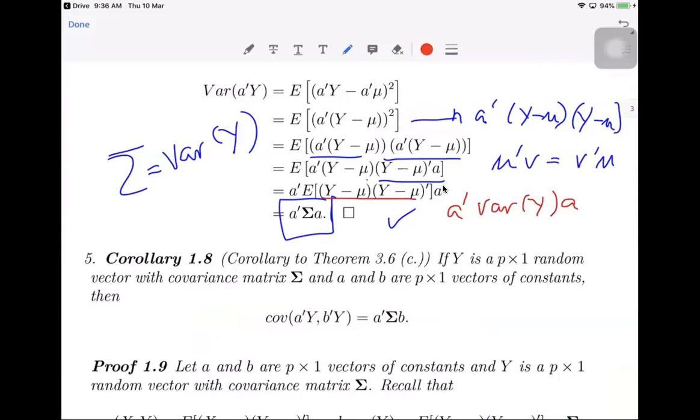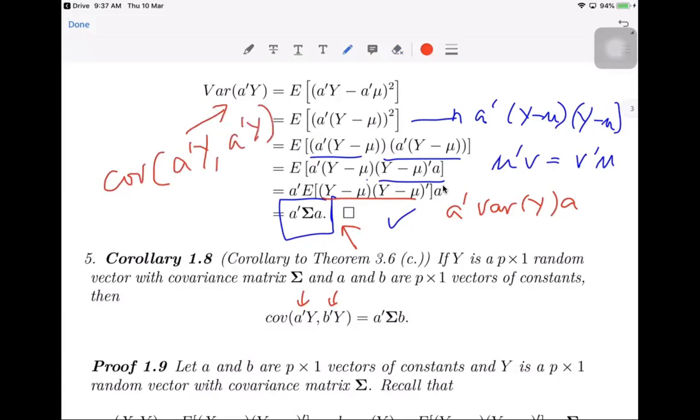Any questions from the others? So no questions. So as a corollary to this result, if you have another vector, because earlier it was one vector, so equivalently, how do you rewrite this? In terms of covariance, this is the covariance of a prime y, but this time you have another vector of constants b prime.